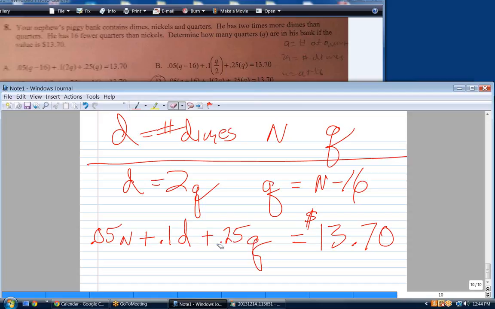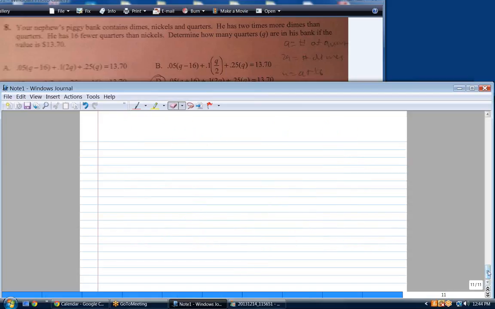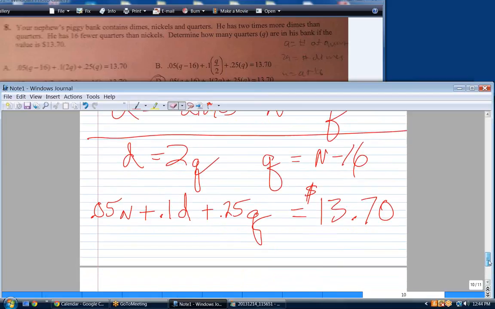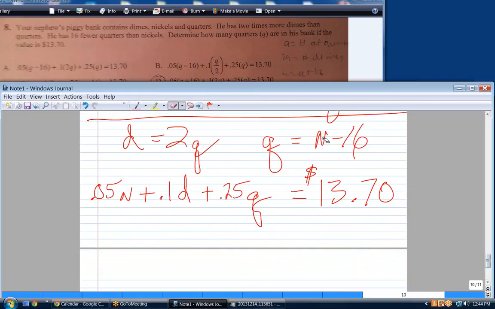So we want to switch everything to Q. Well, I can certainly define N in terms of Q. So what can I write? We're trying to get a final equation completely in Q. So in other words, I want to take this equation and solve it for N and substitute what down there?